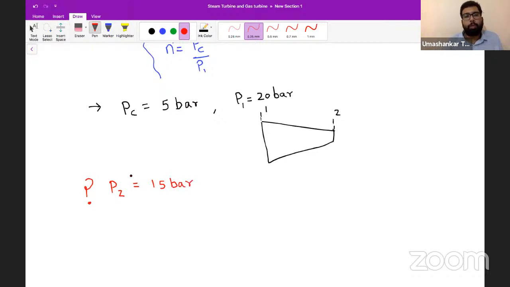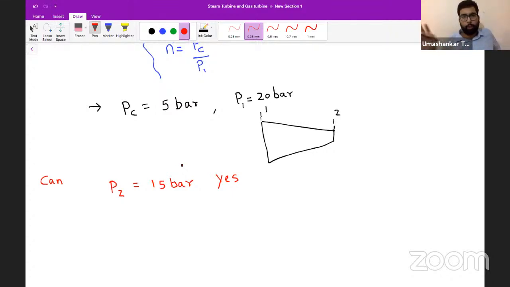Tell me yes or no. So yes, it can be 15 bar because 15 bar is above the critical pressure. So we can expand our steam to any pressure above the critical pressure.